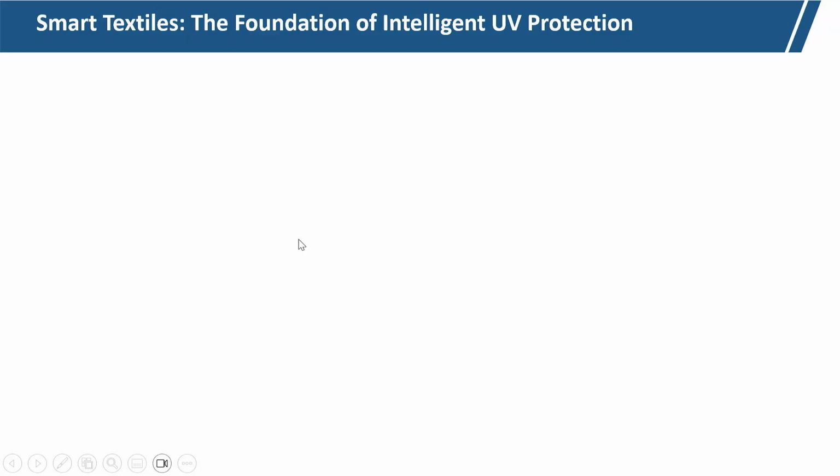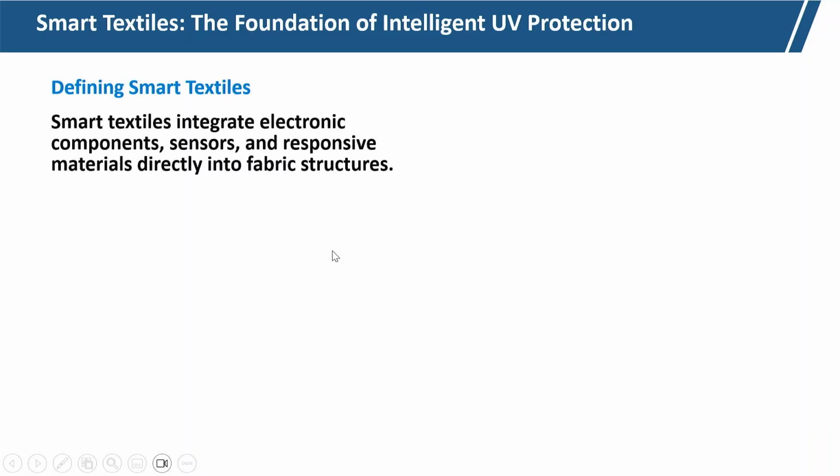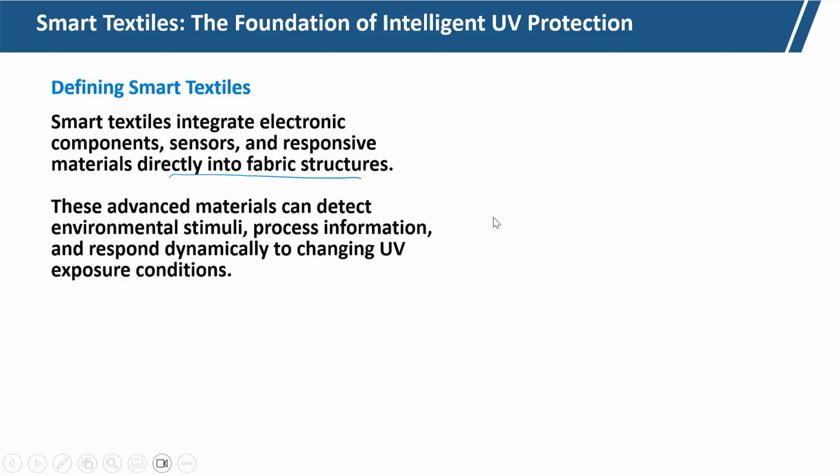So, the smart textile foundations: what is smart textiles? Smart textiles integrate electronic components, sensors or responsive materials directly into the fabric, which will sense and respond. These advanced materials can detect environmental stimuli, whether there is a temperature change, what the humidity is, what the level of UV is.